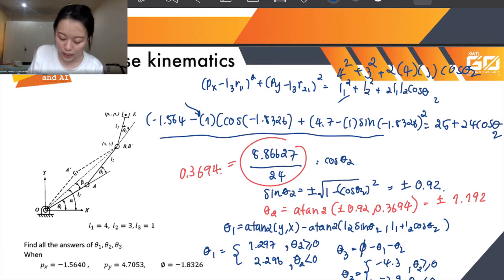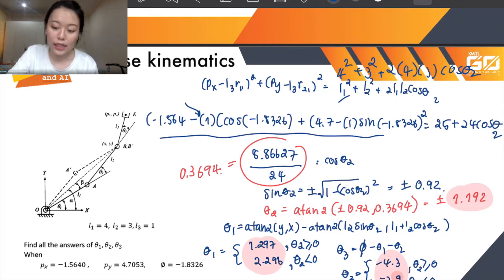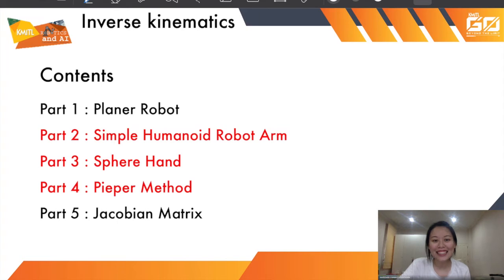So it's so easy to get theta 2, theta 1, and theta 3. So here is all of the first part of the inverse kinematics. Let's go next. Okay, the second part is the Piper method.